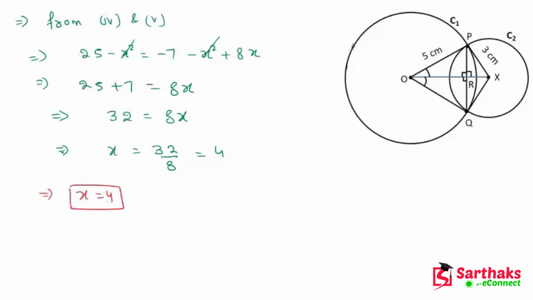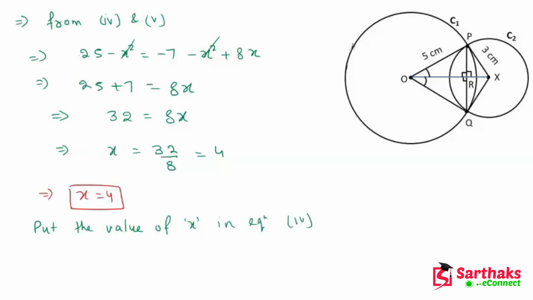Okay, so now put the value of x. You can put the value of x in any of the equations. So we are putting it in equation 4. You can put it in either equation 4 or equation 5; you get the same result.